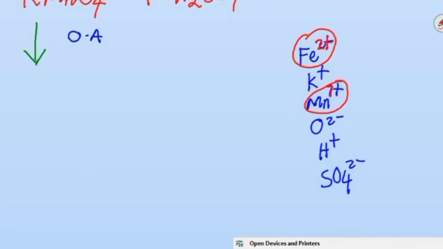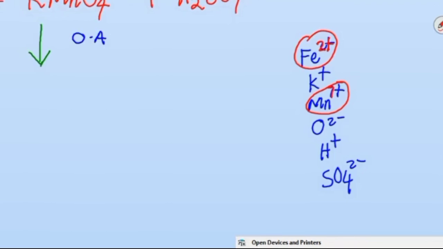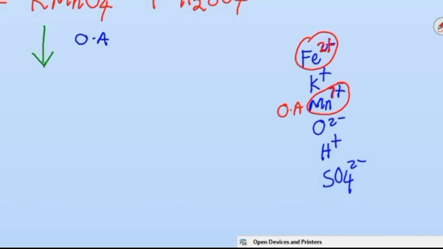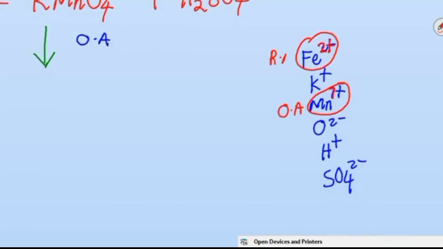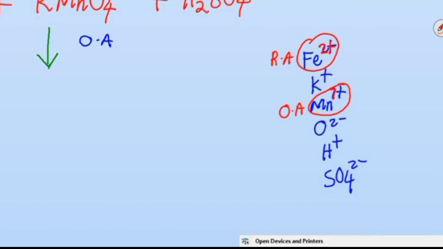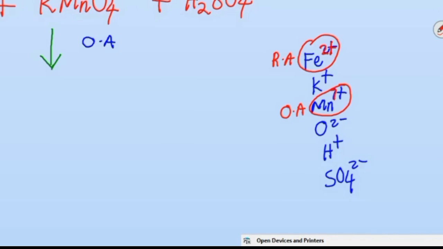So the one that is more electron deficient is the oxidizing agent, that is, it undergoes reduction. So this is the oxidizing agent because it's more electron deficient, while this is the reducing agent because it is less electron deficient. Now the next step is to identify what the reducing agent is going to be oxidized into.